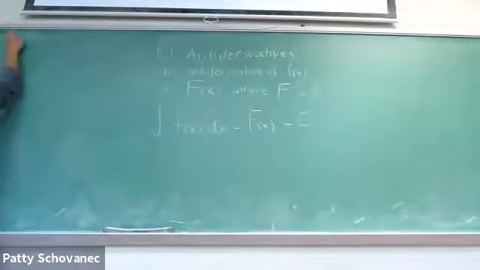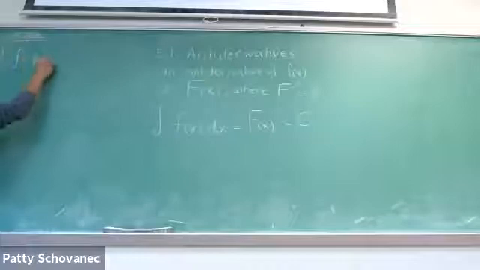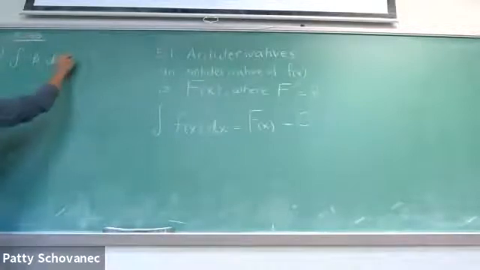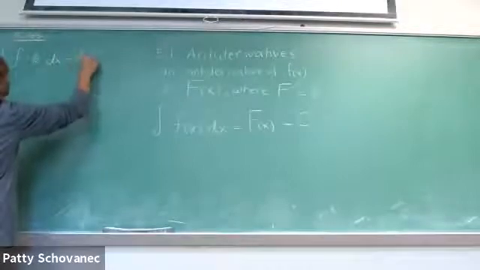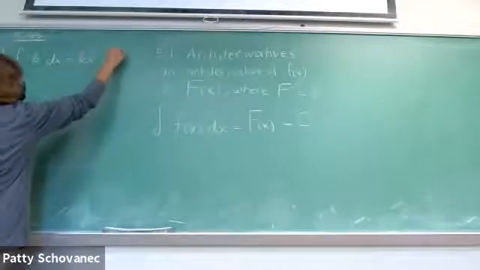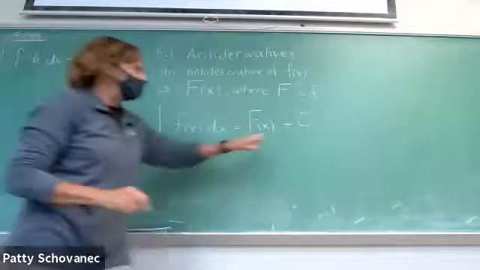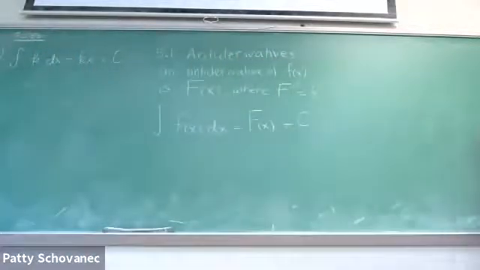So our rules for finding antiderivatives. The first one was that the integral of any constant, I'll use the letter k for that, with respect to x, is just going to be that constant times x. And then you get the other constant that we call the constant of integration.